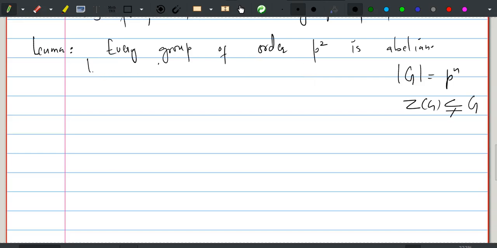Let Z(G) be a proper subgroup of G, because if this is equal to G, then G has to be abelian. So there is nothing to prove in that case.